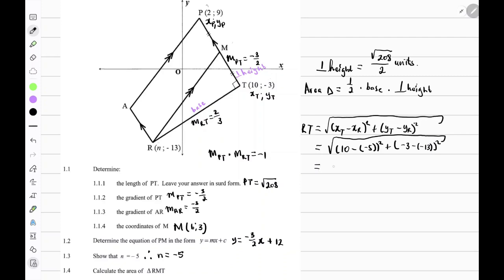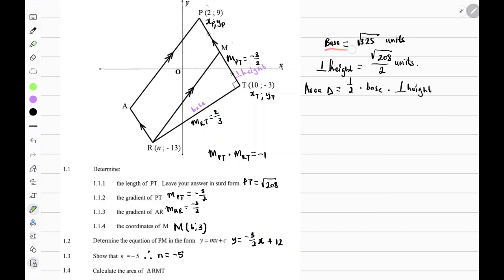So this is the same as the square root of 15 squared plus negative 3 plus 13 is 10 squared. So this is equal to 15 squared is 225, 225 plus 100. So this is equal to square root of 325 units.